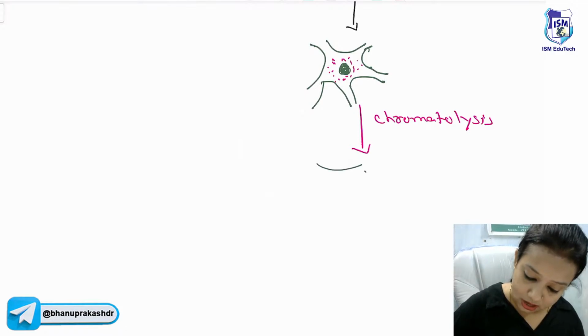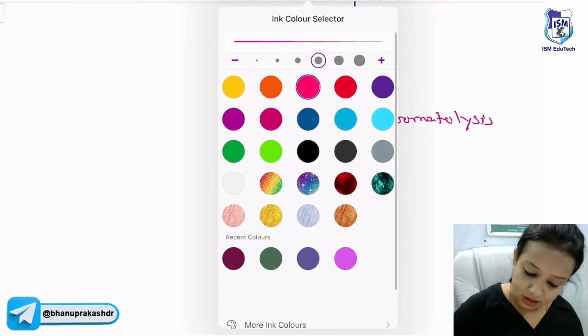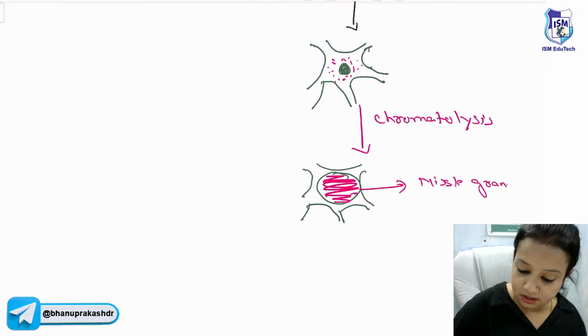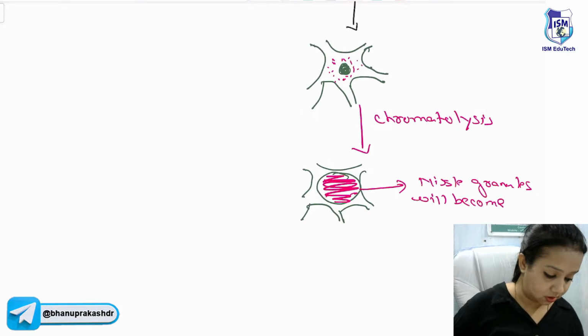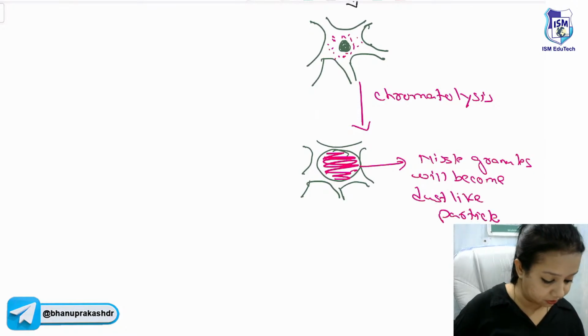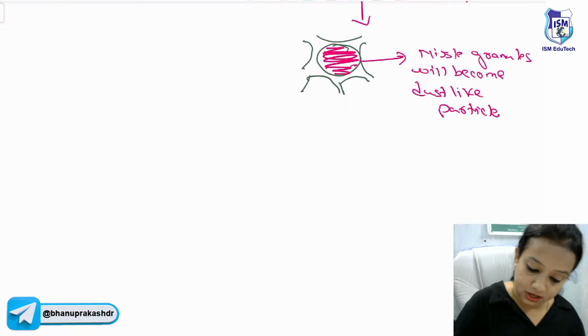Here, the swelled up cell body, which has drawn a lot of water, will burst. The Nissl granules will just burst and become dust-like particles. So these are the changes in the cell body.